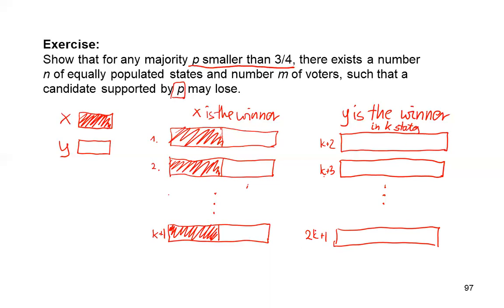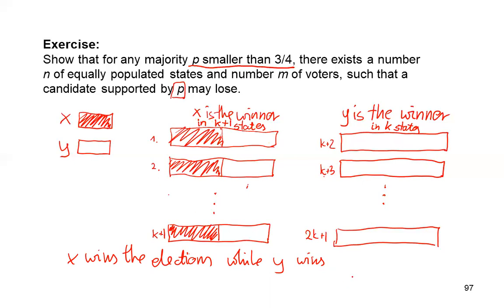So we have 2k plus 1 states, and in k plus 1 states, X is the winner. So X is the overall winner. So X wins the elections, while Y wins here.